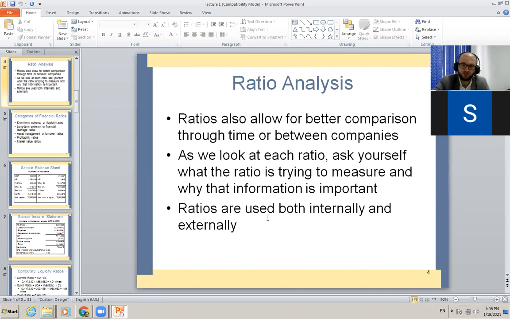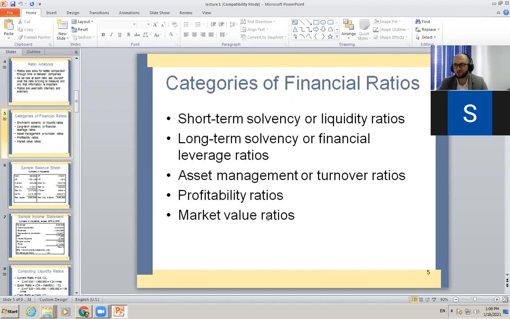There are some categories of financial ratios which are very popular around the globe, and actually there are thousands of ratios, but they are categorized into 5 categories in here. First, the short-term solvency ratio, or liquidity ratio. Mainly they mean the same.